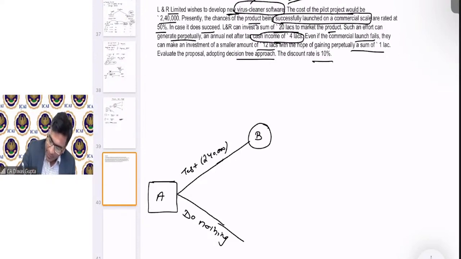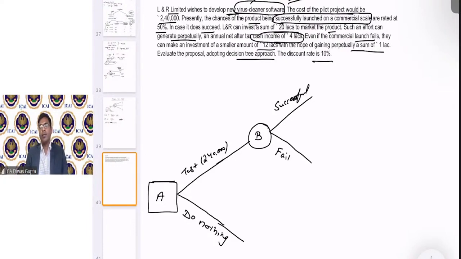That this test is successful or this test is a failure. And in the question, what is the probability that is given? 50-50%. So 50% chance that it will be successful and 50% chance it will be a failure. These are the two outcomes.